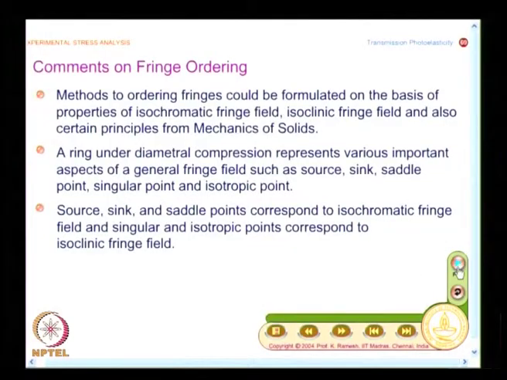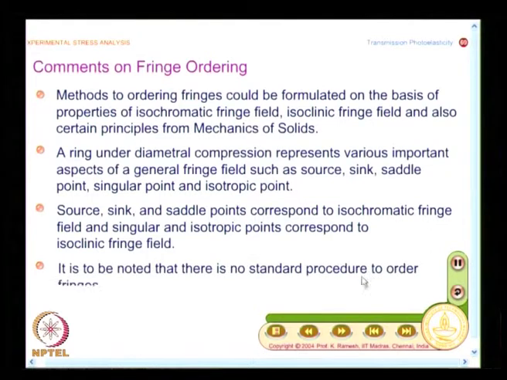And now I look at the last aspect. It is to be noted that there is no standard procedure to order fringes, you must keep that in mind. These are all guidelines. Guidelines you have to use intelligently. Guidelines are different from a standard fixed step for identifying this. Guidelines will help you how to tread the path.